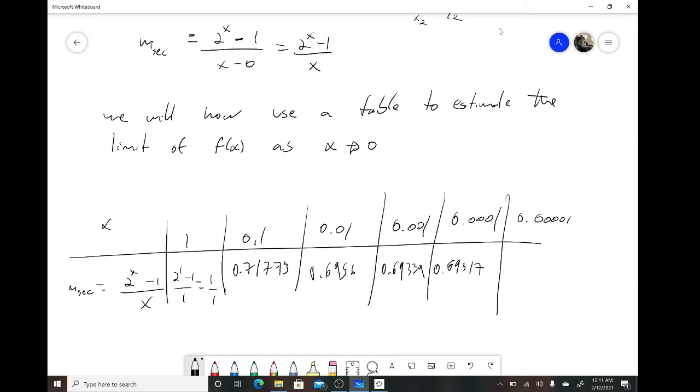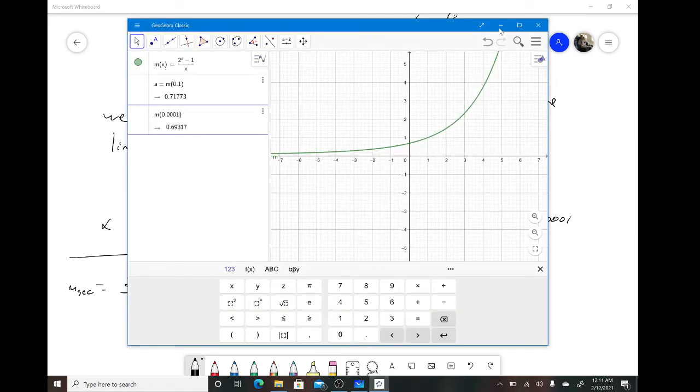And finally, the last one that I will do is 0.00001, and that's 0.69315.